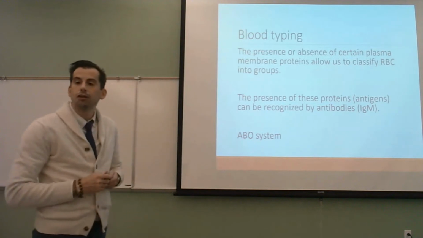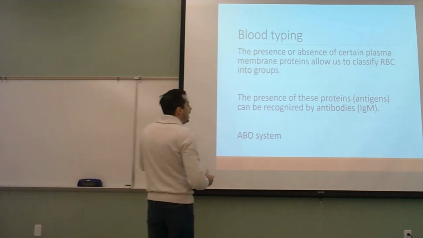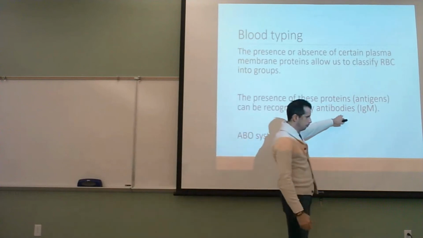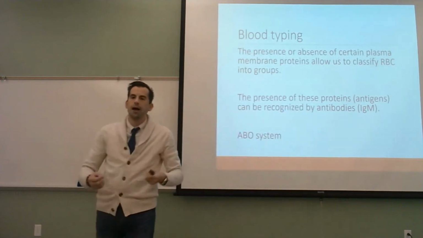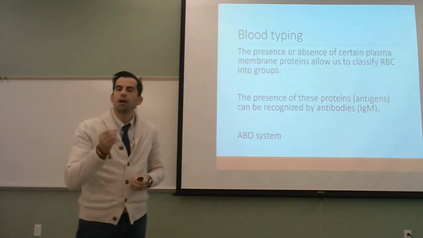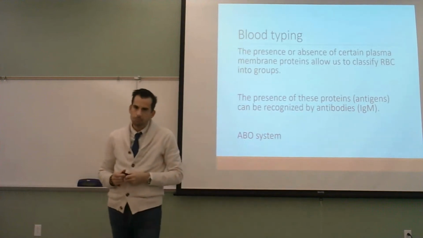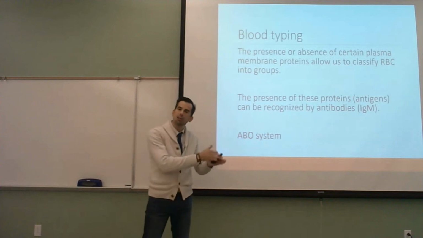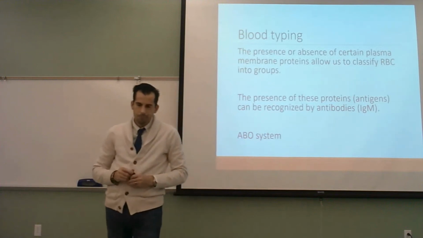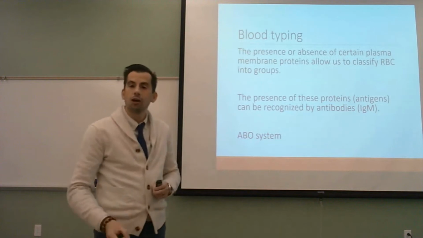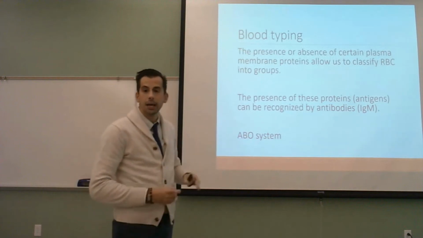In addition to the antigens, we have a complementary antibody component. And I want you to always remember the tagline: you will produce antibodies for antigens that you don't have naturally. You will always produce the antibodies for the antigens that you're lacking.